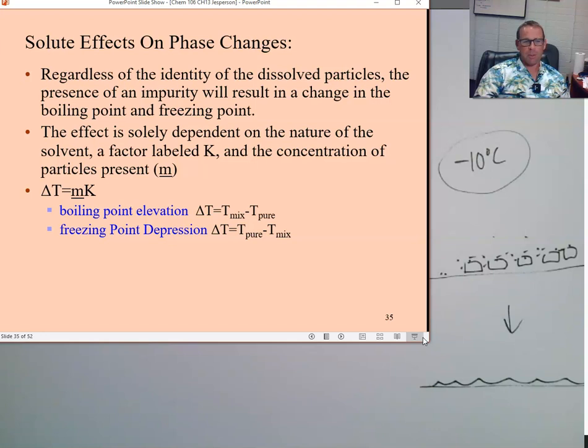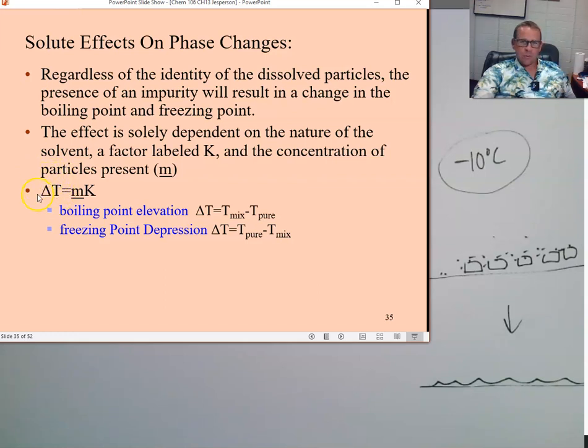You have to remember that freezing point depression is what occurs when a solute, and it doesn't need to be salt, it can be any solute, is added to a solvent. That solvent's freezing point will be depressed by the addition of any solute, according to this formula right here.